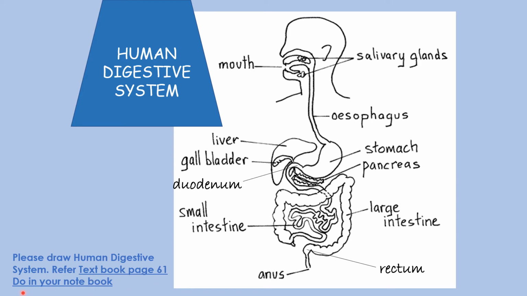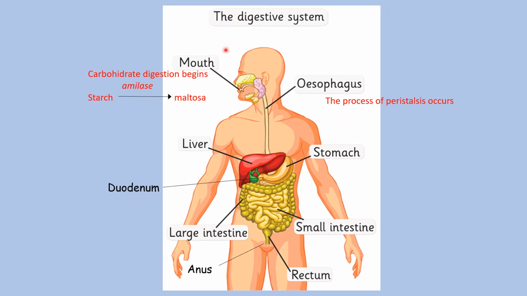Copy this diagram and label it in your notebook. For example, in the mouth, carbohydrate digestion begins. Starch, with the help of amylase enzyme, is converted to maltose. In the esophagus, the process of peristalsis occurs.